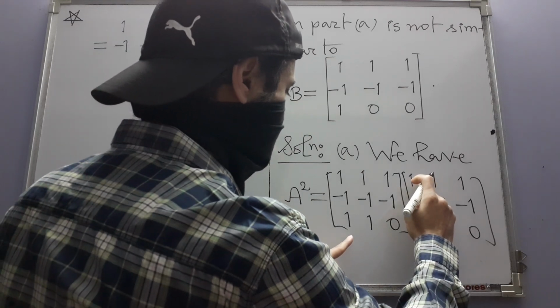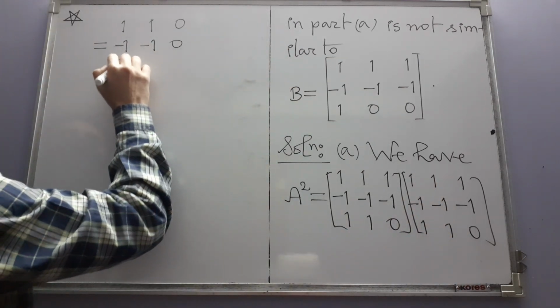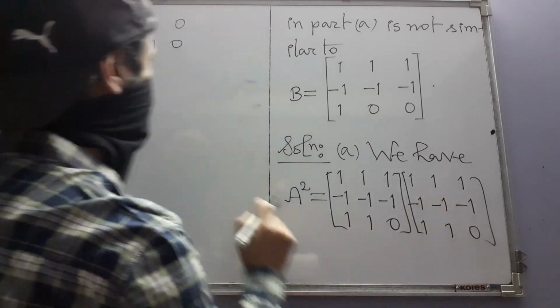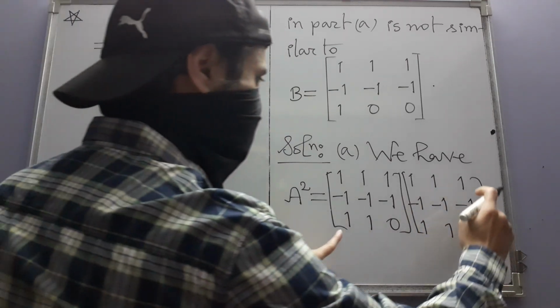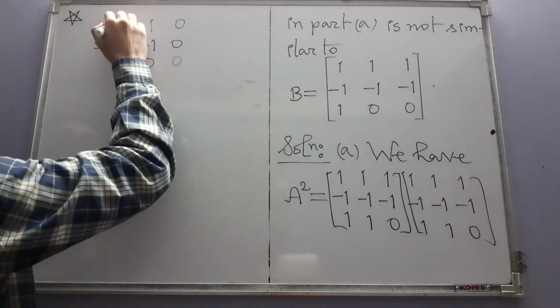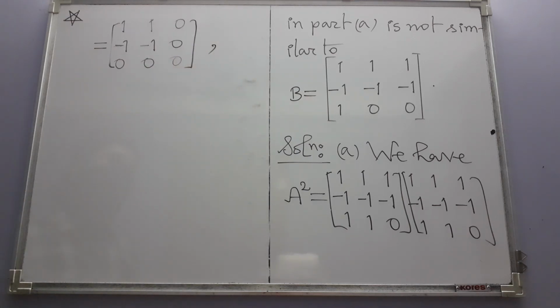Then the third row: 1 minus 1 is 0, 1 minus 1 is 0, 1 minus 1 is 0. Okay, so this is A square. A square is not 0.